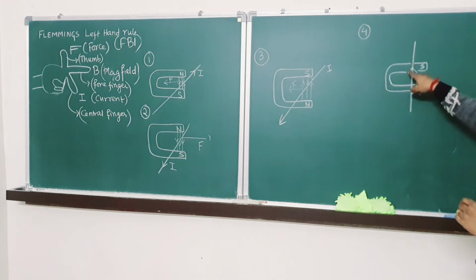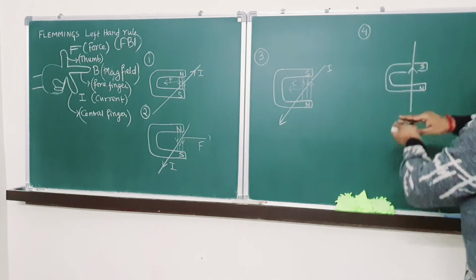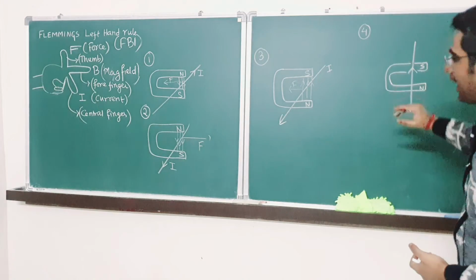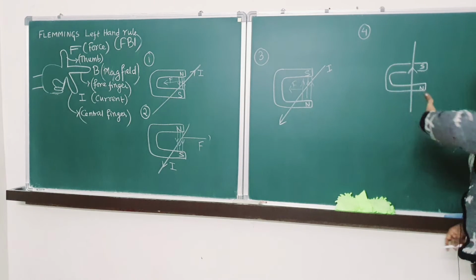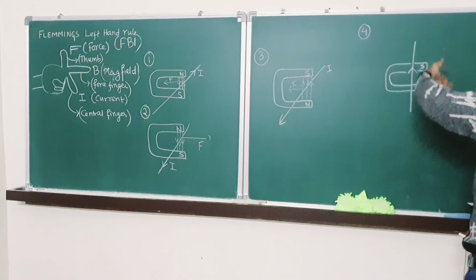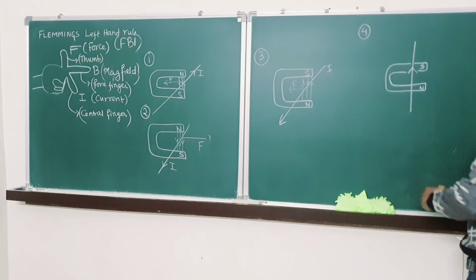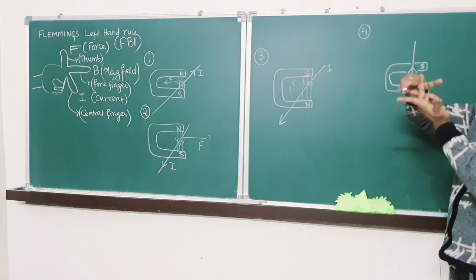I have given some break over here. That means this is behind the wire and this part is in front of the wire. So magnet is like this, and the current is passing like this. So where is my current? My current is in my middle finger.